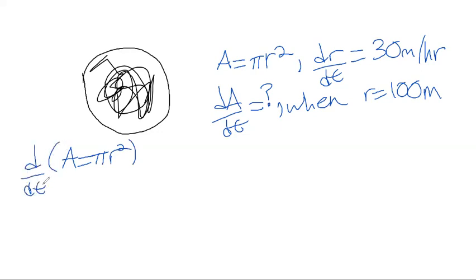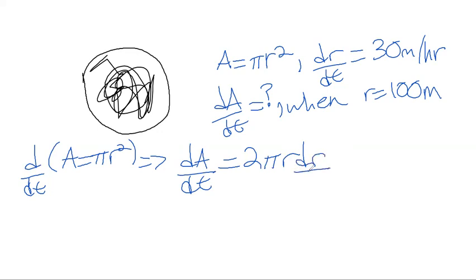Take that derivative with respect to time. That's going to be dA dt equals 2 pi r dr dt. Well, we know the radius and we know dr dt.